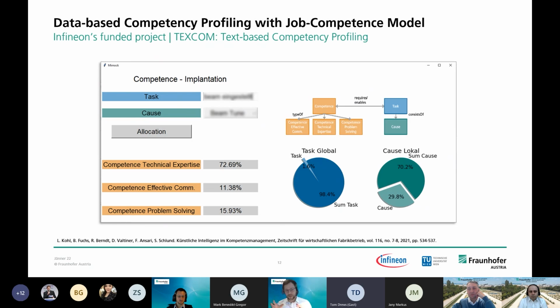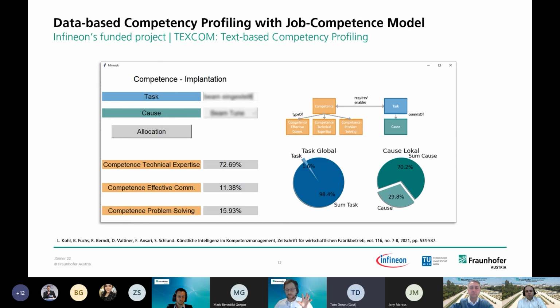And then there are two pie charts. They give you more detailed information, for example, that the beam tune makes up 1.6% of all tasks at Infineon. And from the task beam tune itself, 30% have the same cause.